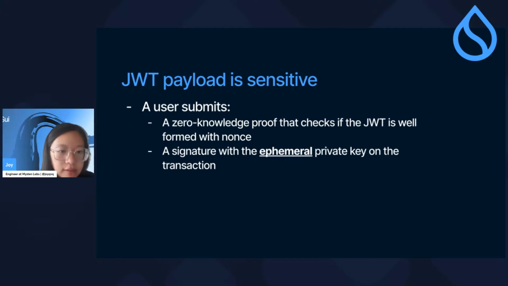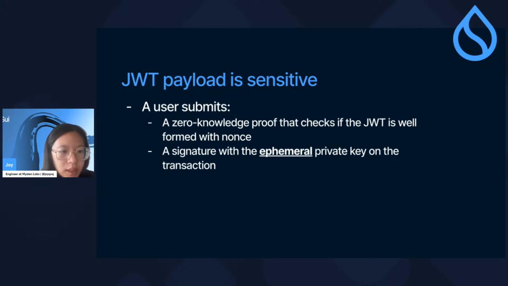For example, it can show my email address, my full name, and sometimes some providers even include a profile picture or some information about you. So it is not an option for anyone to submit a JWT token on chain, because the blockchain is public.